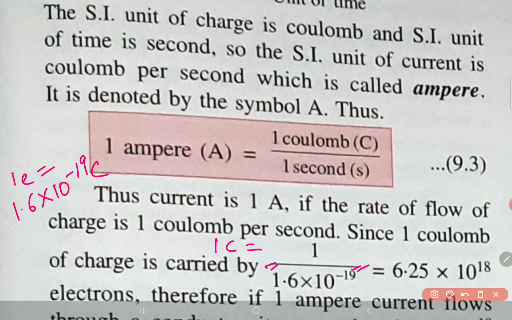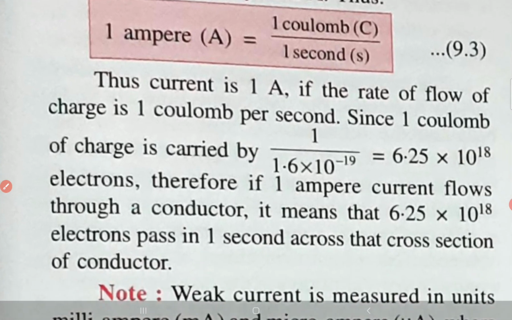Thus when we solve this, we shall get 6.25 into 10 to the power 18 electrons, right? So 1 coulomb has this many electrons. Therefore if 1 ampere of current has to flow, then 6.25 into 10 to the power 18 electrons should pass through a given cross sectional area in 1 second. Okay, so I hope it is understood.